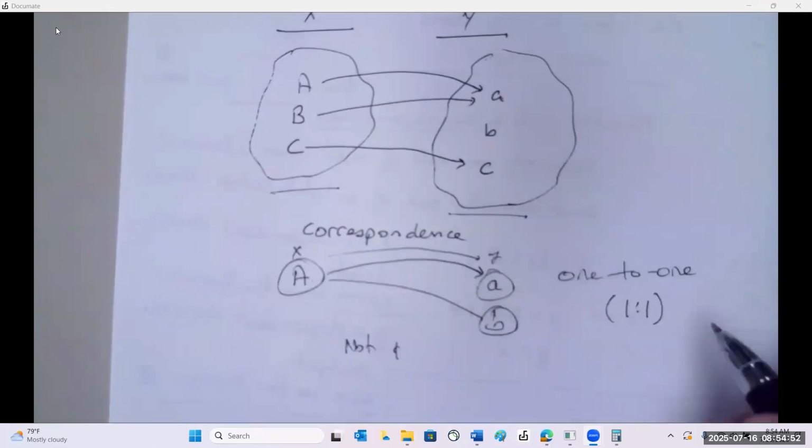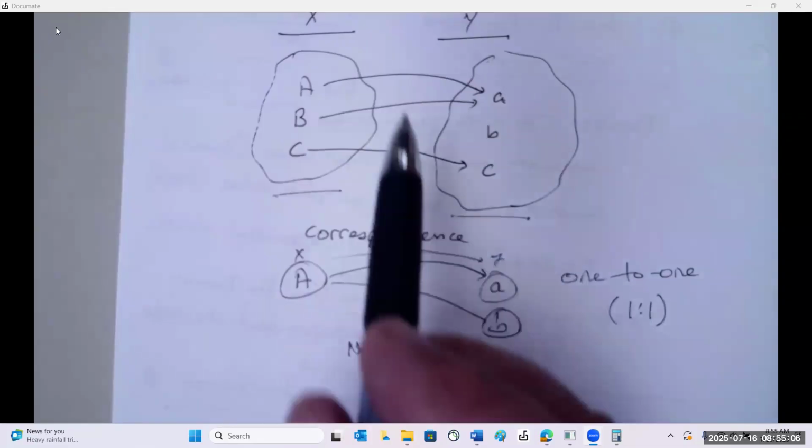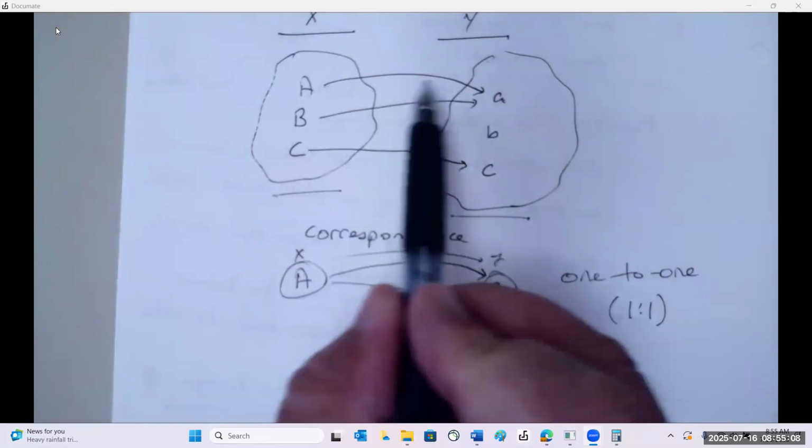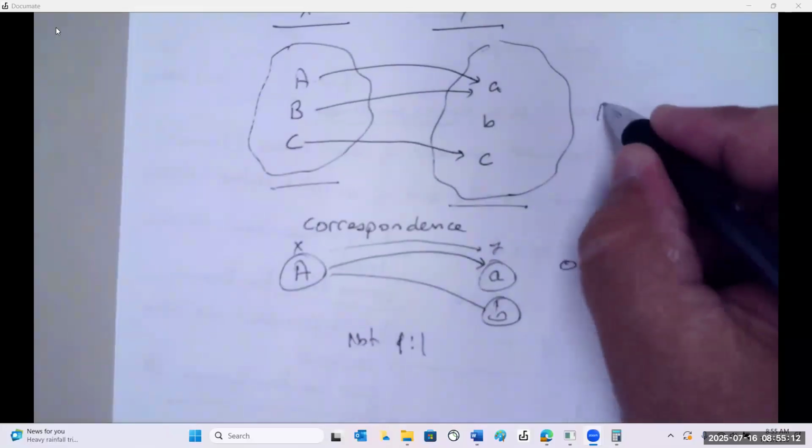In writing one to one, we use that symbol instead. The one, it's not one to one. This is important because when we start talking about correspondence, it can only go from one to one. In other words, this is a function.